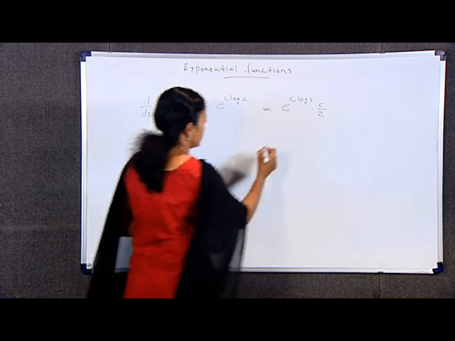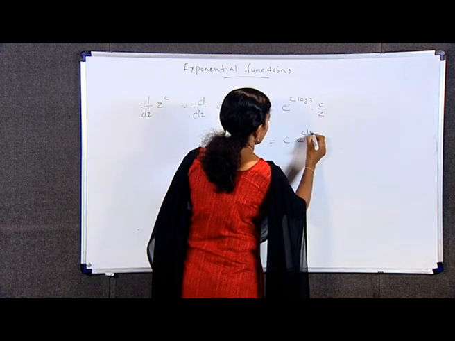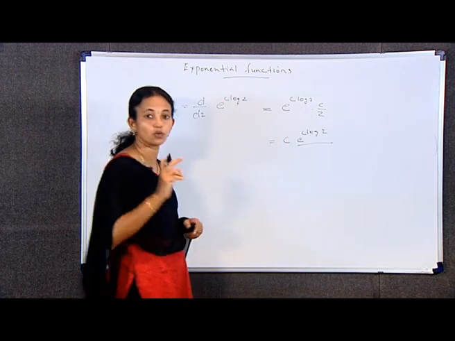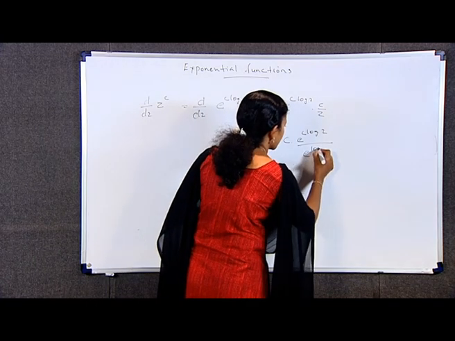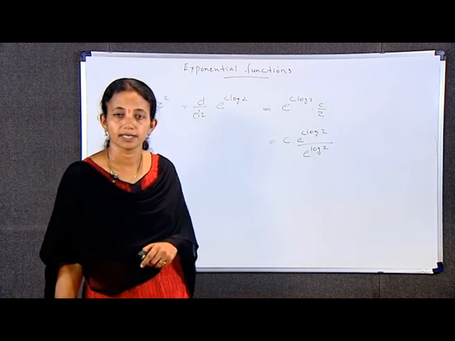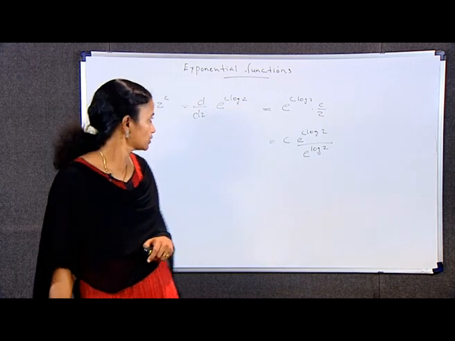So I can write c times e raised to c log z by z, and instead of z I can write e raised to log z.